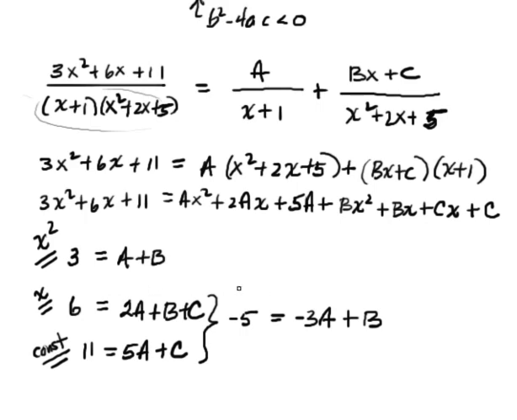So let me write this one down. Here we have 3 is equal to a plus b. So now what we want to do is get rid of the b. We could subtract these, or if you want, we could just multiply this by minus 1 on both sides.